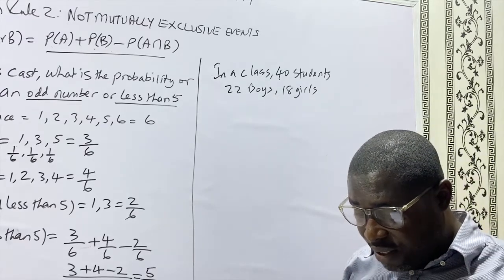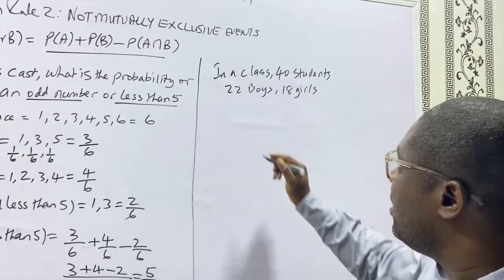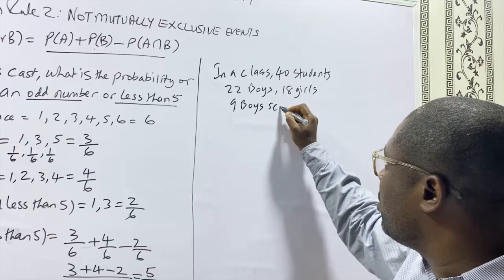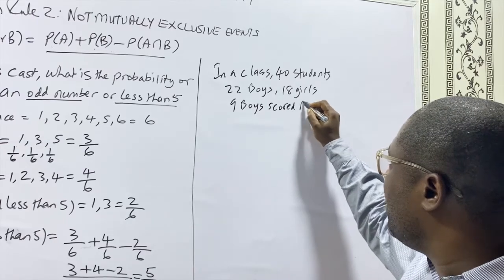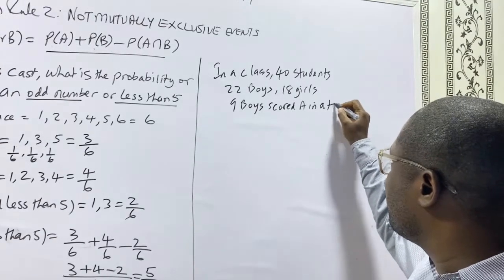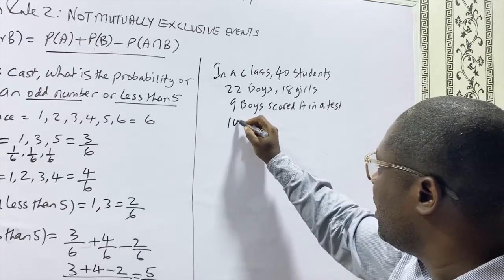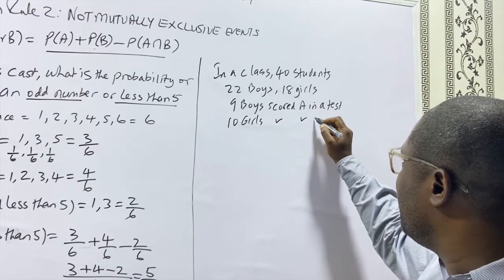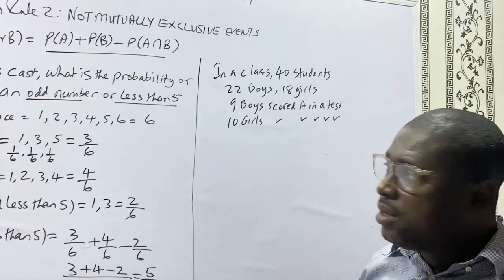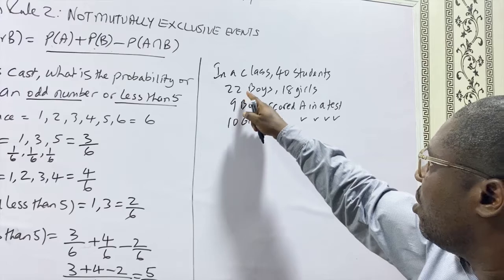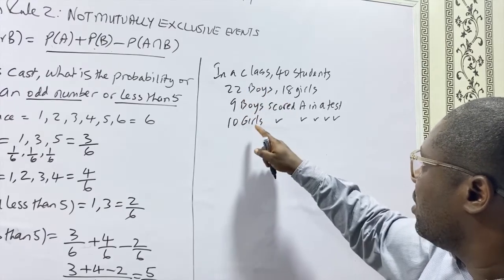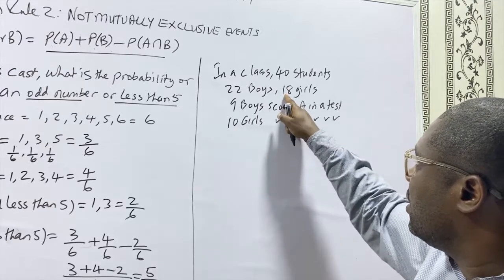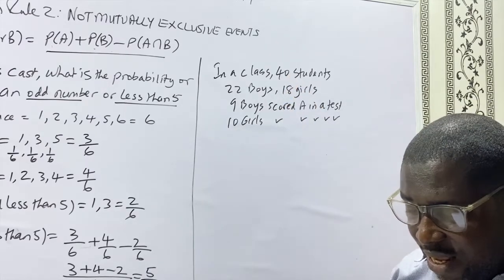And out of this, we have 9 boys scoring A in a test. And then we have 10 girls scoring A in that same test. So 9 boys of the 22 scoring A and 10 girls of the 18 girls scoring A in the test.